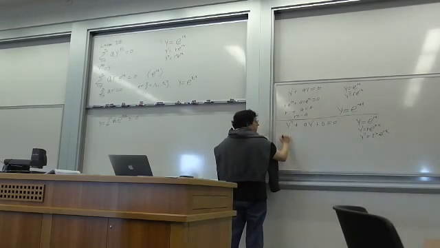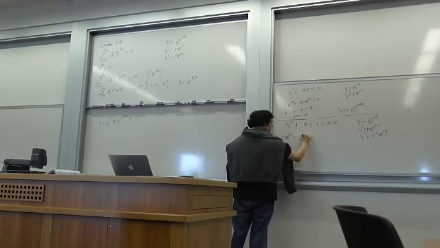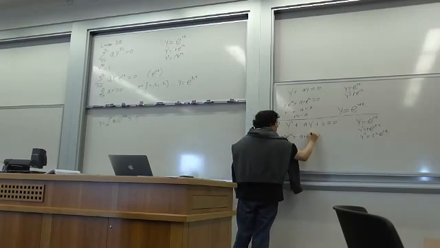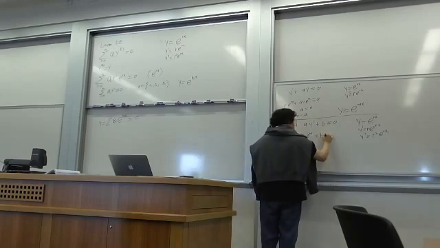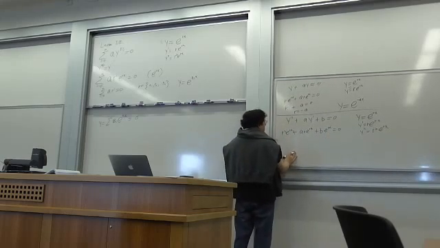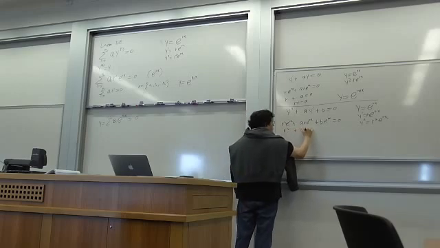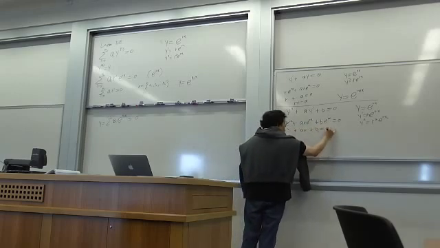We get r squared e to the rx plus ar e to the rx plus b e to the rx equals 0. And again, eliminating the e to the rx factor, we get r squared plus ar plus b equals 0.